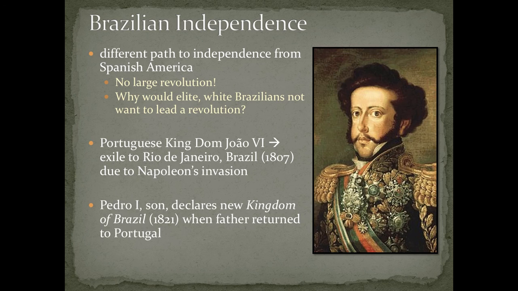So Pedro, all right, in 1821, he's going to declare himself Emperor of Brazil, the new Kingdom of Brazil, or the Brazilian Empire, which you may never have heard of before. But it lasts until the late 1800s, the Brazilian Empire.